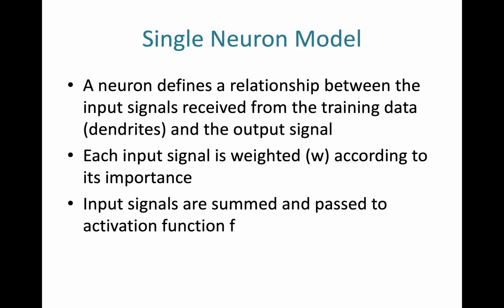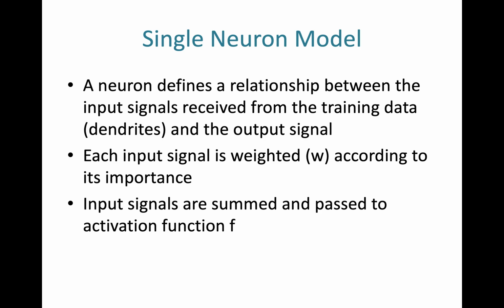So a single neuron model is sort of the simplest neural network that you can think of, okay? And again, as I was saying before, an artificial neuron is basically inspired by the definition of an actual neuron in our brains. It's going to be an architecture that receives input signals, which is our training data. It's processed by the neuron itself, and it outputs a signal.